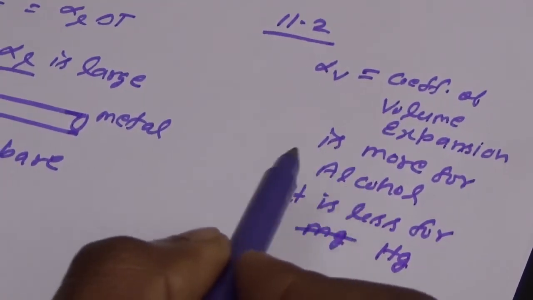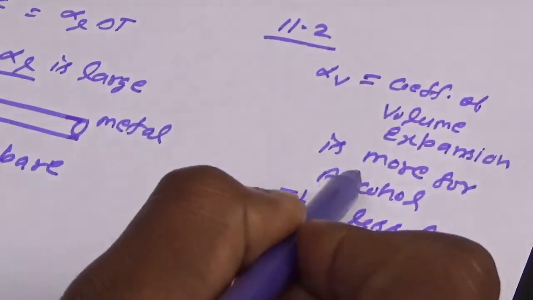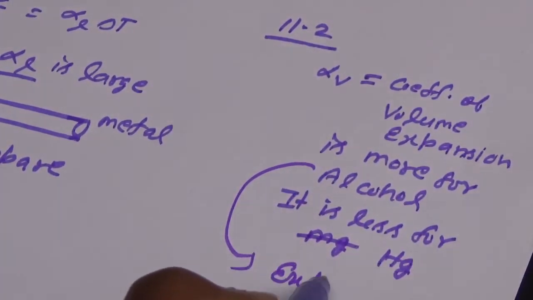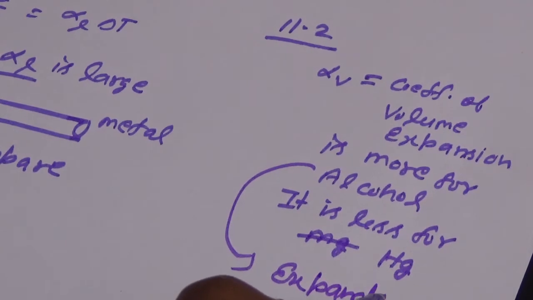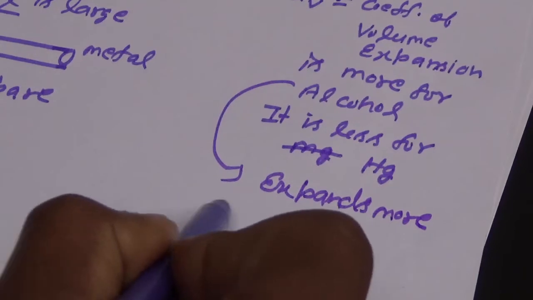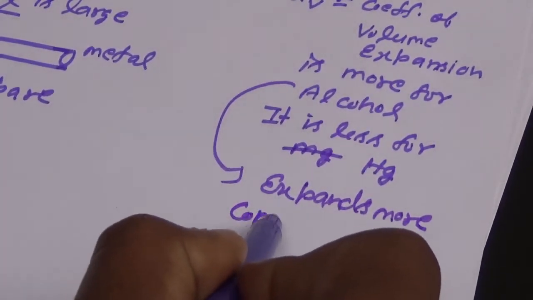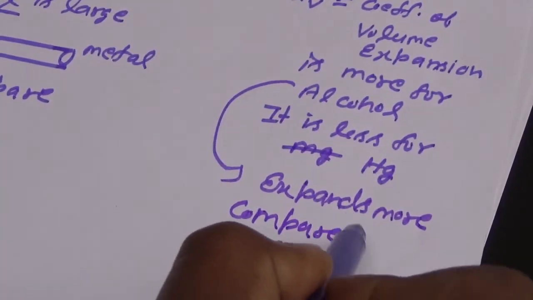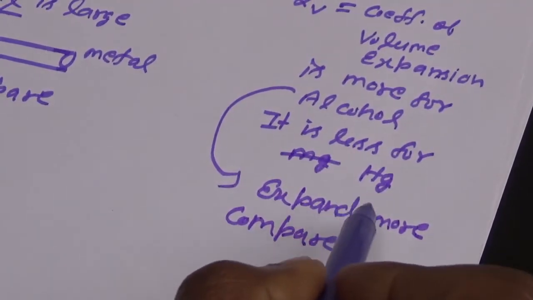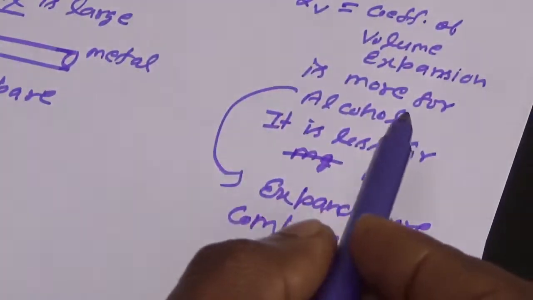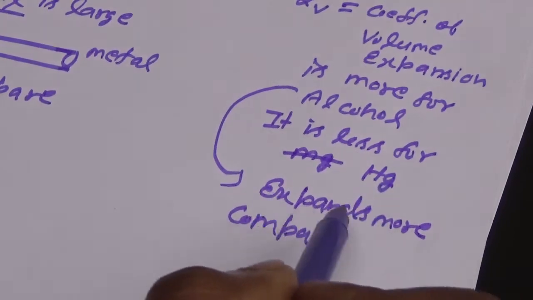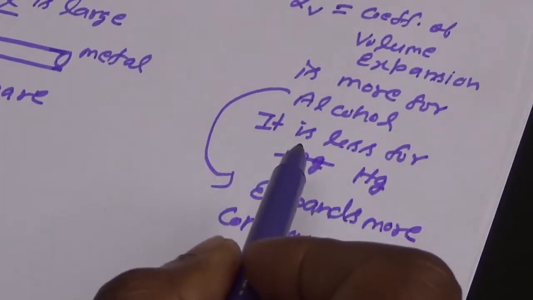So we can say very easily that the volume of alcohol expands or increases more compared to Hg. The reason is alpha V. In case of alcohol, alpha V is large, and in case of mercury, alpha V is small.